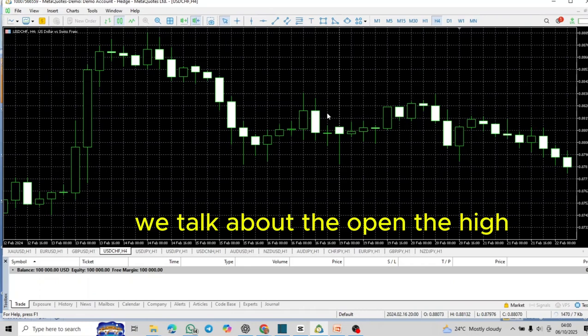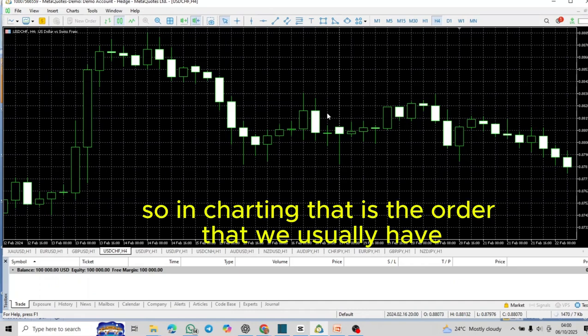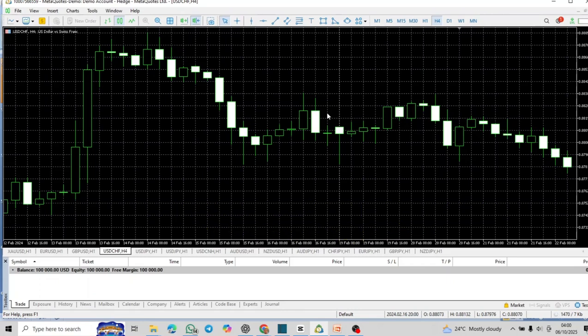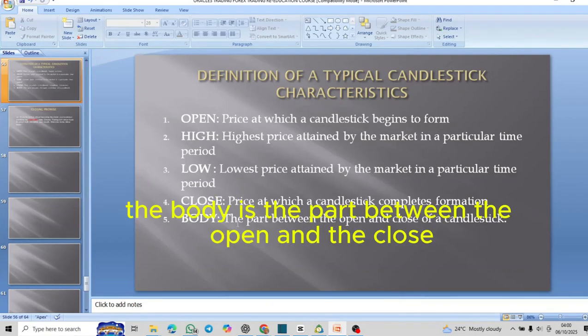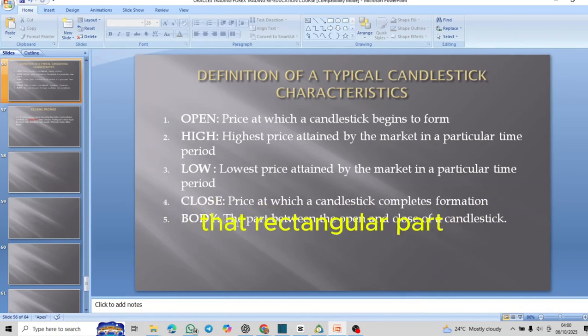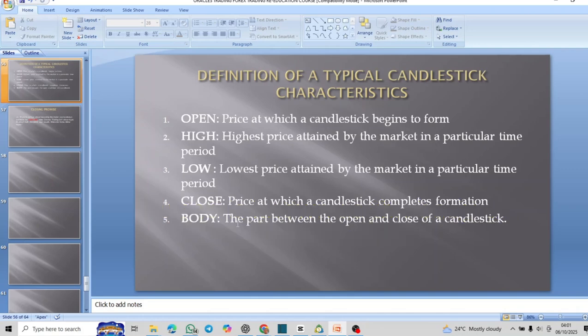So in charting, that is the order that we usually have. We said the body is the part between the open and the close of a candlestick. That rectangular part you see is known as the body of the candlestick.